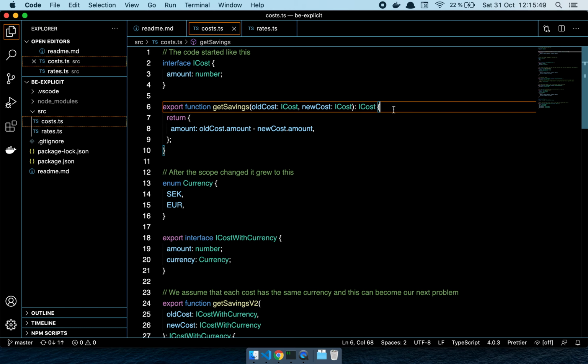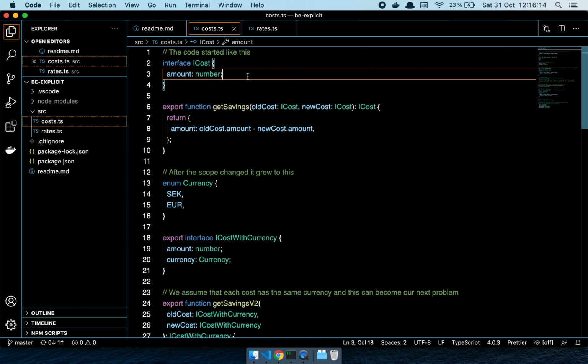Then a few years later, the system has grown, and all of a sudden we need to go to an international market. And as you can imagine, that creates a bit of a problem. The thing is, this massive oversight, the fact that we inferred that if I have a cost, I really only have to store the number of that cost because I know that I am in a specific country and I know what the currency is going to be.